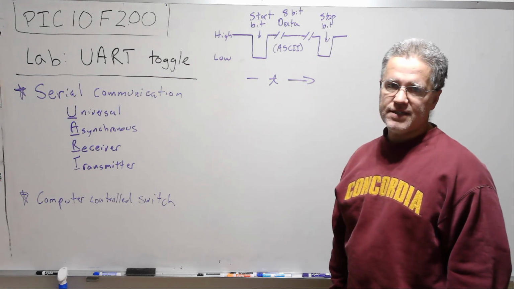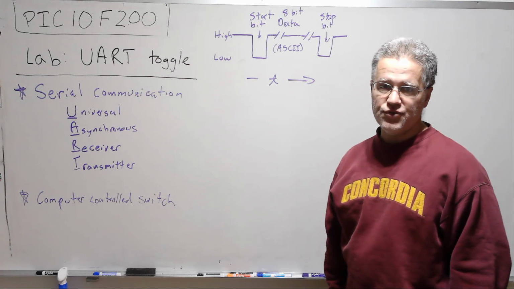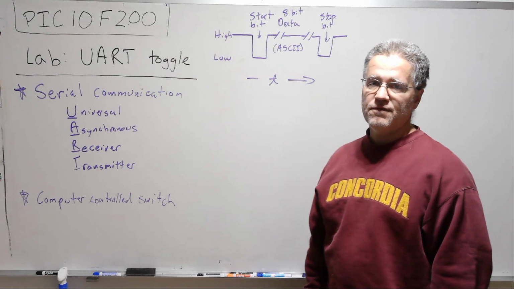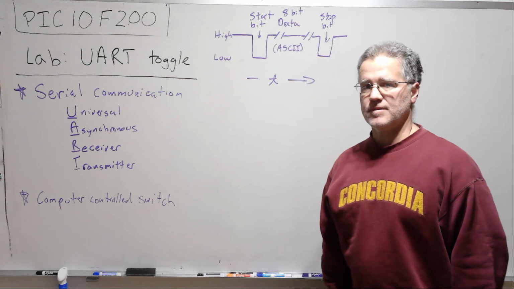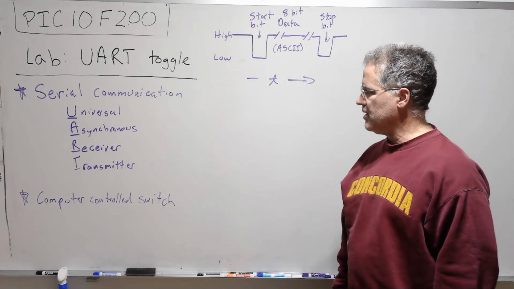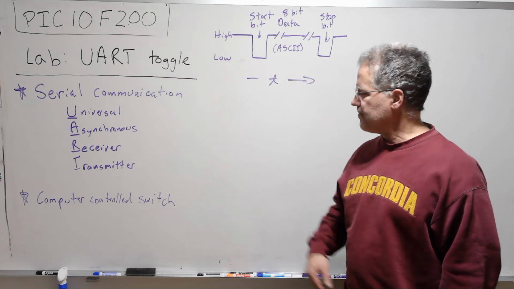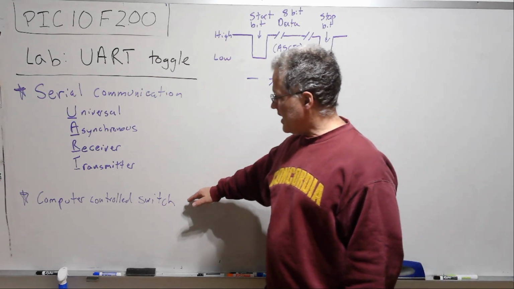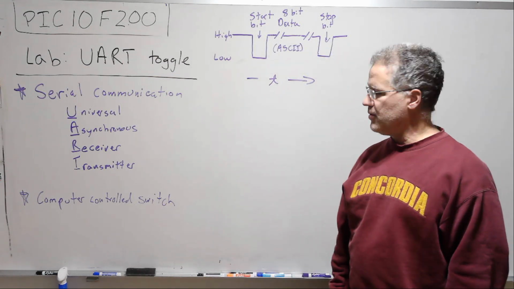And you communicate using the serial port. So we'll just use PuTTY, a terminal for Windows or Unix. I think Mac has its own terminal program, but just to send a character. We'll see that this then can function as a computer-controlled switch.